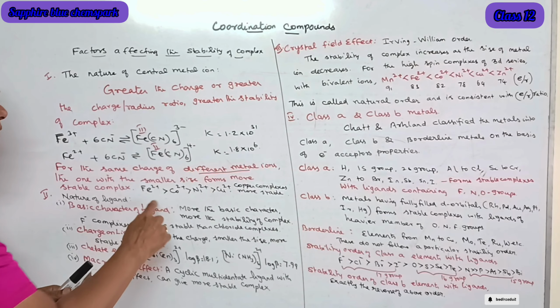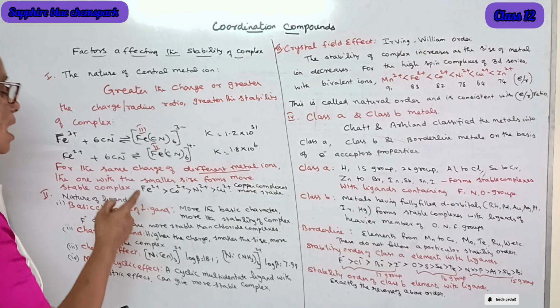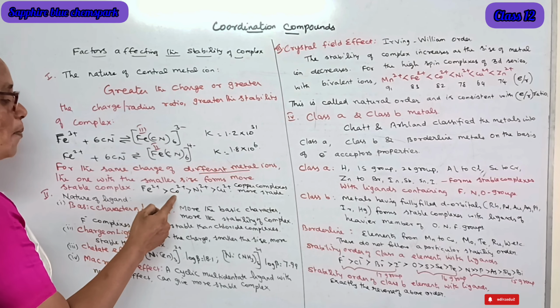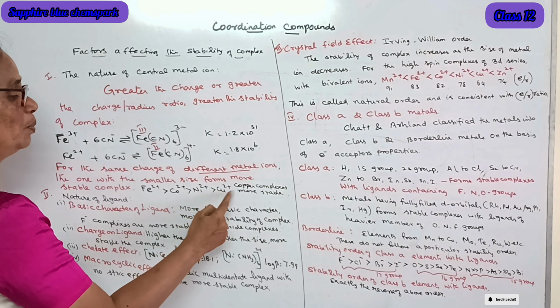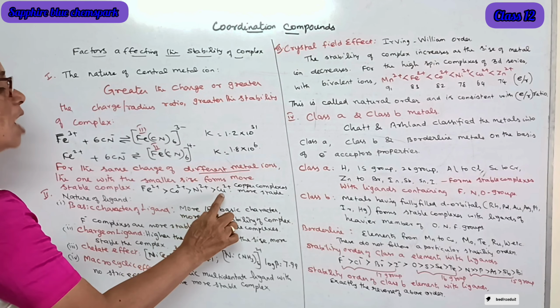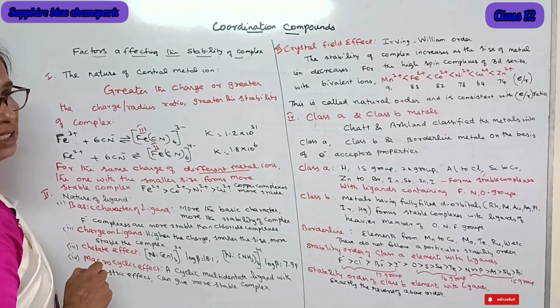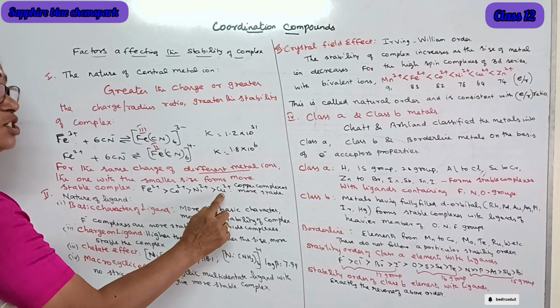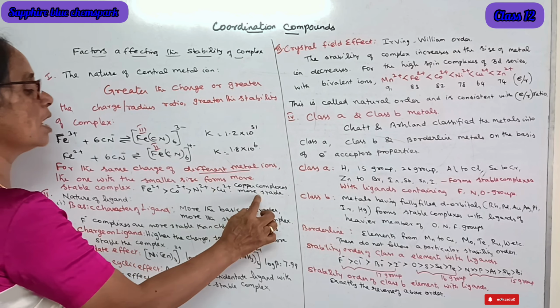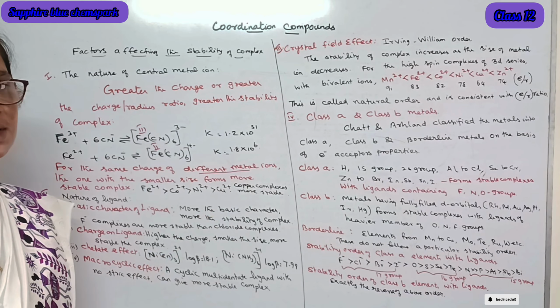So we can compare the 3d series: iron(II), cobalt(II), nickel(II), copper(II). Copper is at the end of the 3d series. So copper is in its smallest size and hence copper complexes are more stable.